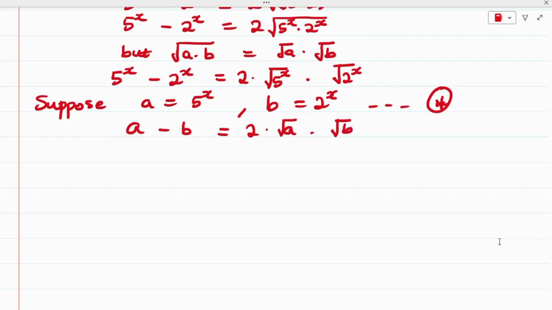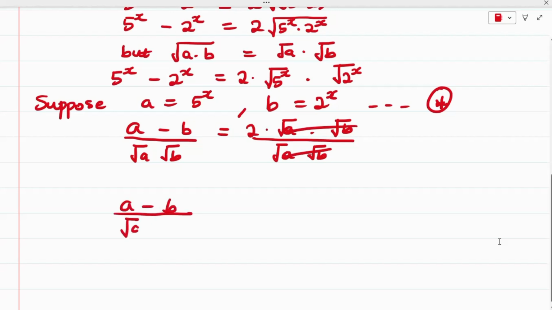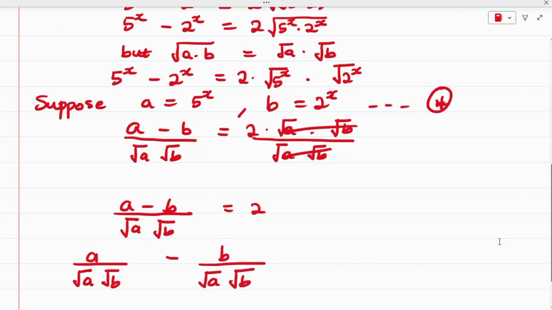At this point we want to divide both sides by the root of a multiplied by the root of b. Doing this, we cancel out, so we have a minus b divided by the root of a multiplied by the root of b is equal to 2. Separating this fraction, we have a divided by the root of a times the root of b, minus b divided by the root of a times the root of b, equal to 2.